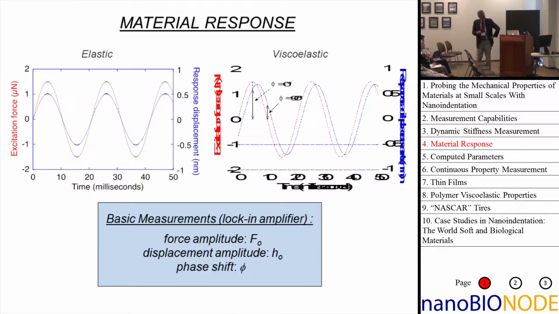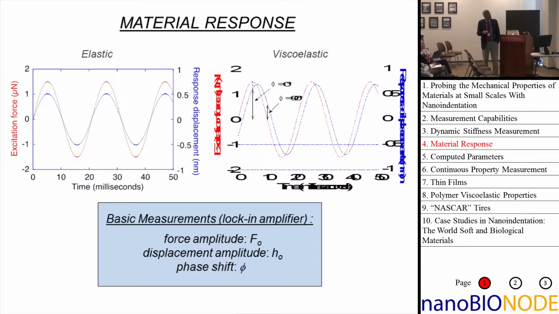Okay, so the idea is something like this. Many of you know this, that what we're going to do is impose a small sinusoidal oscillation on the force, and measure the oscillation in the displacement. What happens then depends on whether the material is elastic or viscoelastic.